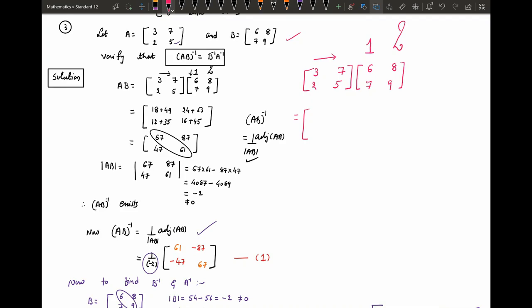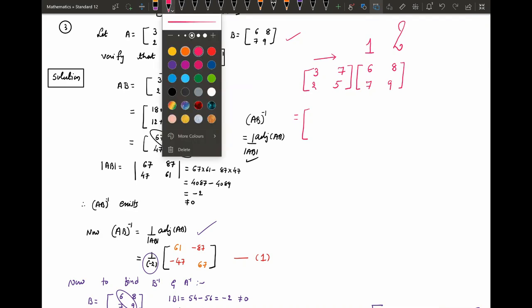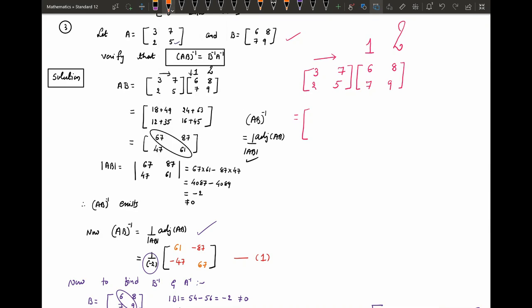Now first row, first column: multiplication of corresponding entries, and then we take addition. 3 into 6 plus 7 into 7. So this is 18 plus 49. Now second row, first column.